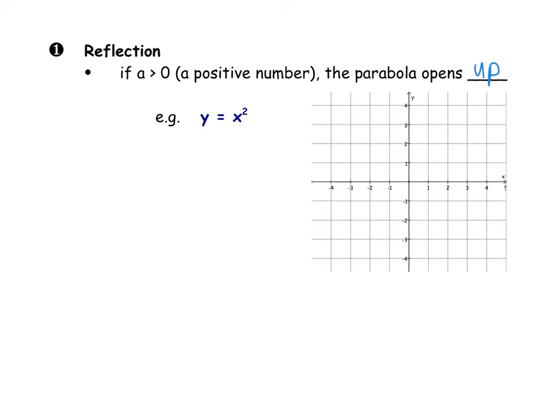Of course, we can always use the xy coordinates for that. I get y by plugging in values for x. So if I have 1 for x, then 1 squared will give me 1. If I have 2 for x, then 2 squared will give me 4 for y, and so on and so forth.